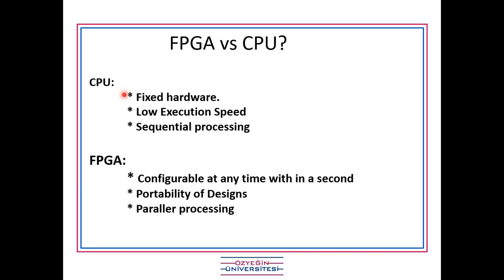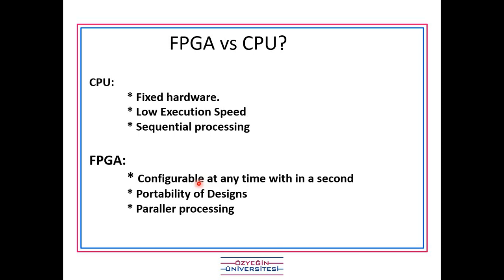FPGAs, however, are configurable. I can make CPUs in an FPGA if I want to. In other courses that I assist, we build CPUs using FPGA. I can make a small CPU or a big CPU, any circuit that I want, I can make on an FPGA. So it's configurable.